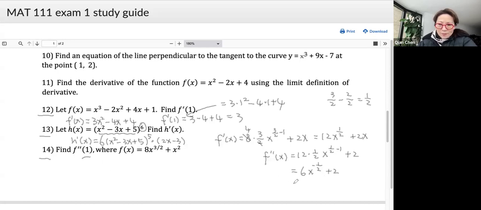Then we plug in 1. So f double prime of 1 equals 6 times 1 raised to negative half plus 2. Well, 1 raised to any expression is still 1. So that's 6 plus 2, which is 8.